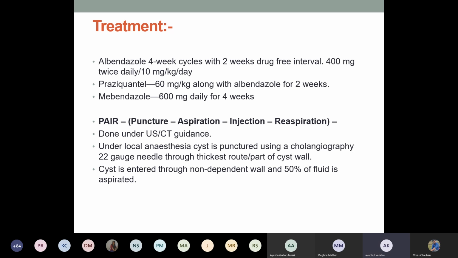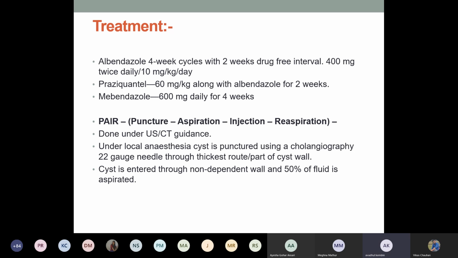PAIR is nothing but puncture, aspiration, injection, and re-aspiration. In the selected cases, it is done under ultrasound guidance or CT guidance. Under local anesthesia, cyst is punctured using a cholangiography 22 gauge needle through thickest part of the cyst wall.